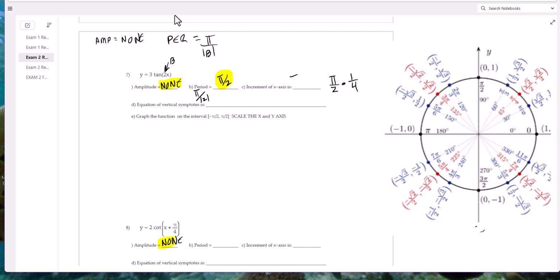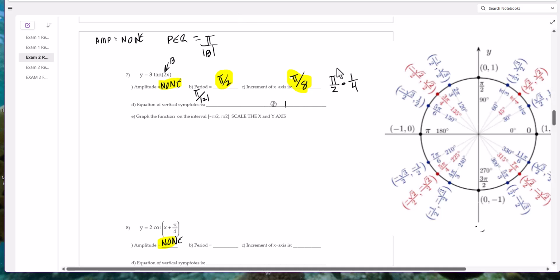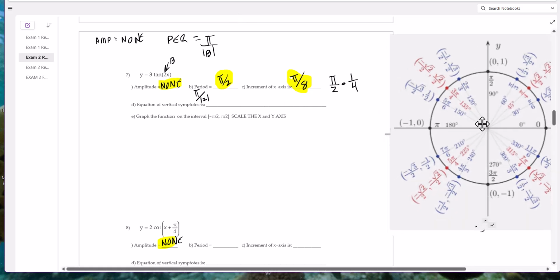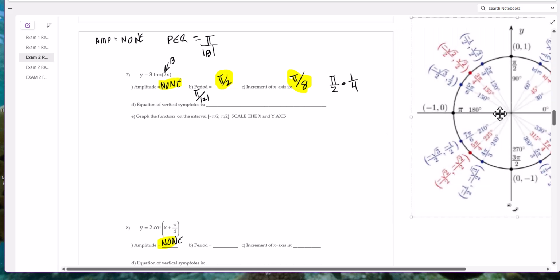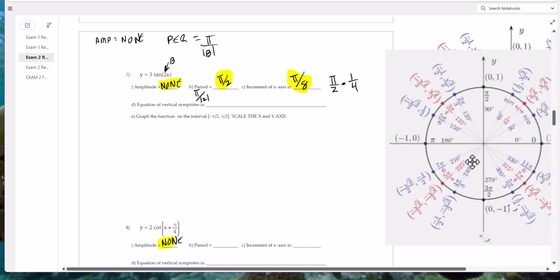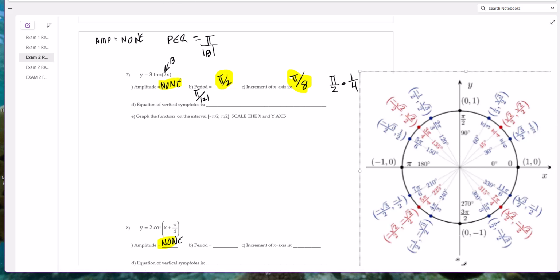Okay, vertical asymptote, we're not going to worry about that yet. But one of the things that I like to do on a tangent is look at the unit circle, and you have to understand that the tangent of theta, by definition, is y over x. So you're looking at where x equals 0 to tell where the asymptotes are.